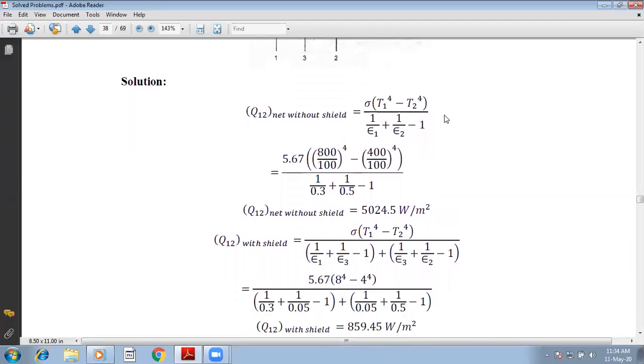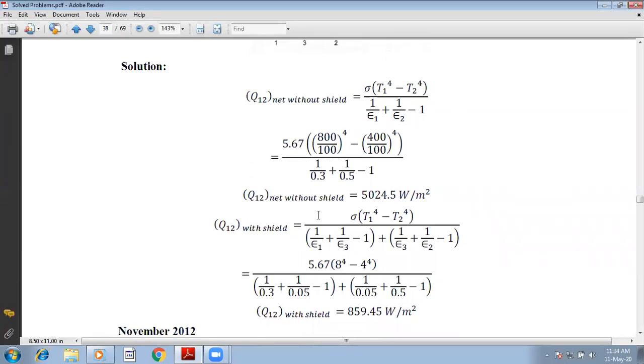Now if you consider the same equation, you have heat transfer with shield as sigma into T1 to the power 4 minus T2 to the power 4, and this equivalent emissivity is out of surface 1 and the radiation shield, which is towards the left face, and this is the equivalent emissivity between the radiation shield and surface 2.